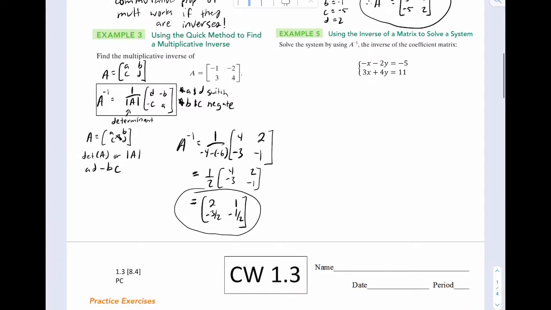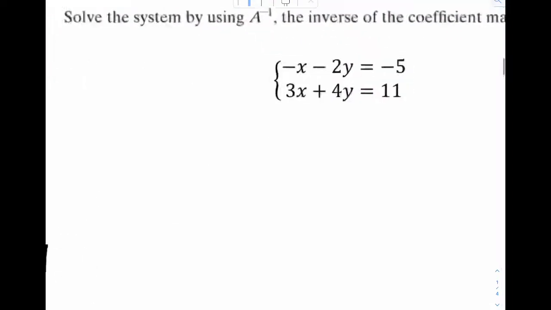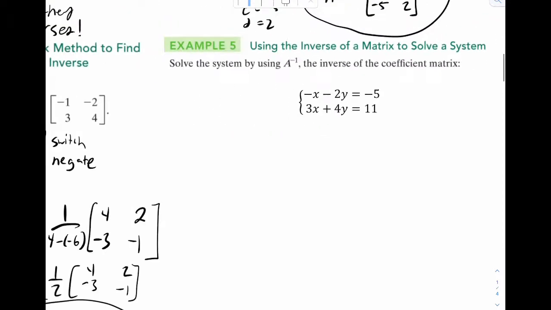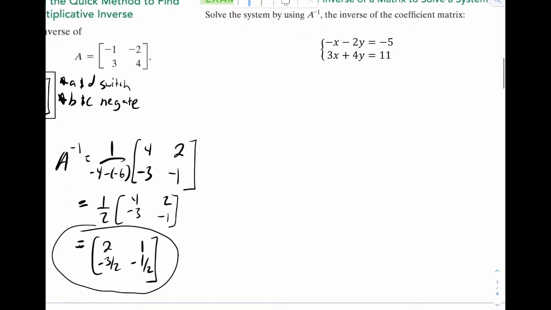Okay, now let's try a direct application of this inverse, because at this point you're probably wondering, hey, this is really cool, but what's the point of all of this? So here's a system that you can obviously solve in a multitude of ways. I'm going to show you how a matrix can actually be used to solve a system.